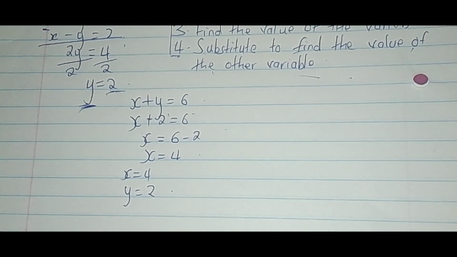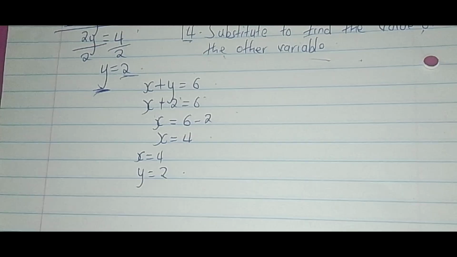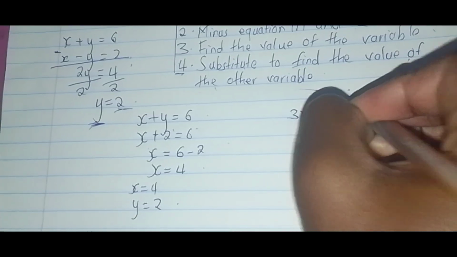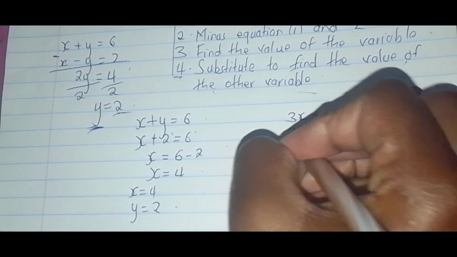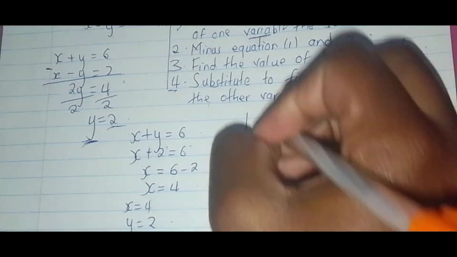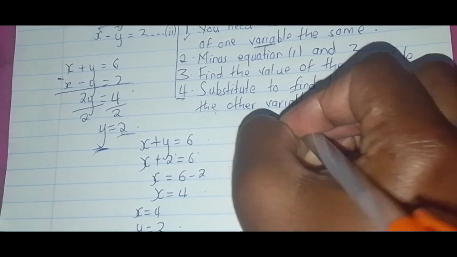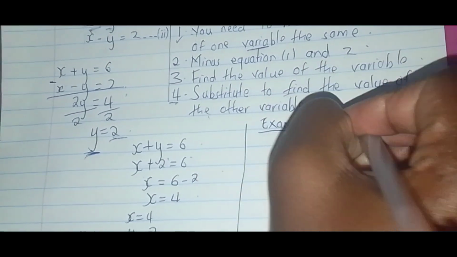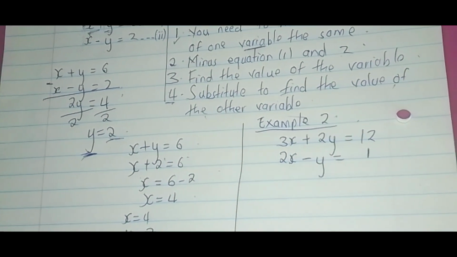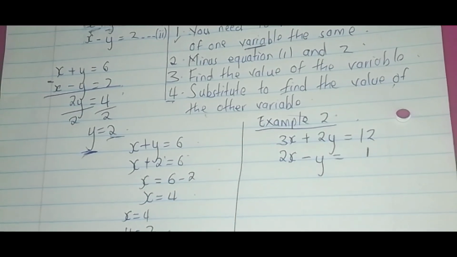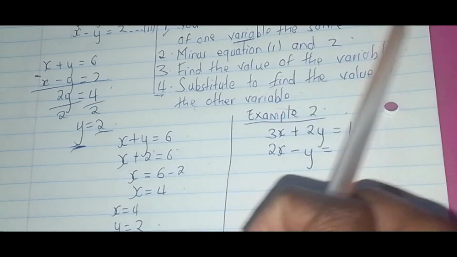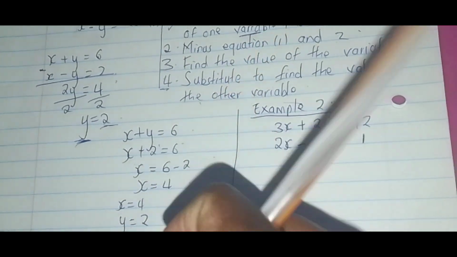So we are going to do our second example. 3x plus 2y is equal to 12, 2x minus y is equal to 1. This is our second example. You need to make the coefficients of one variable the same.